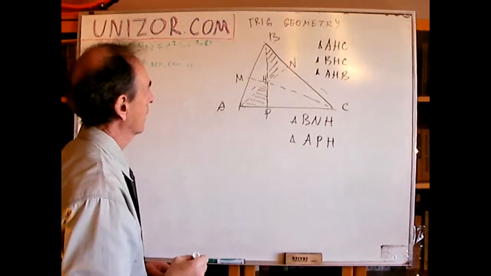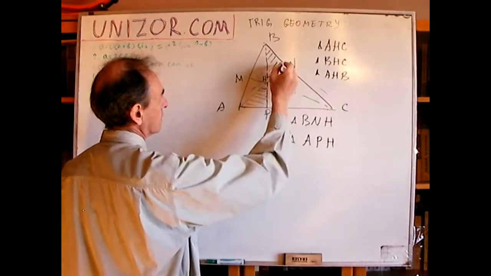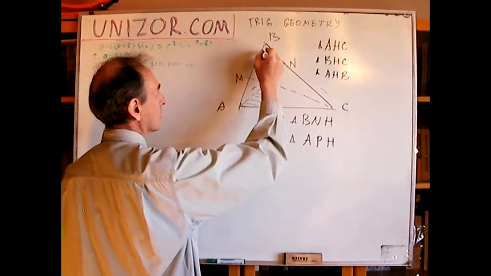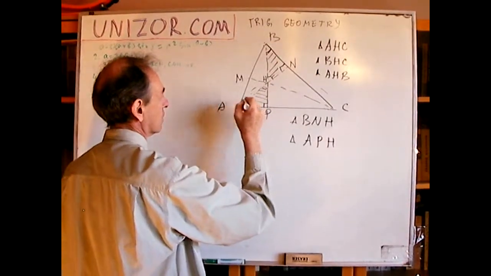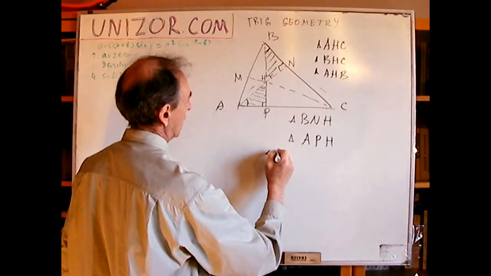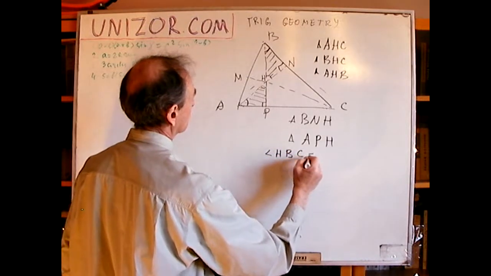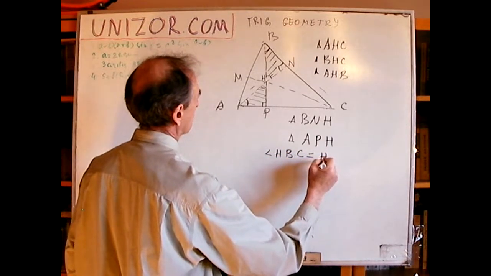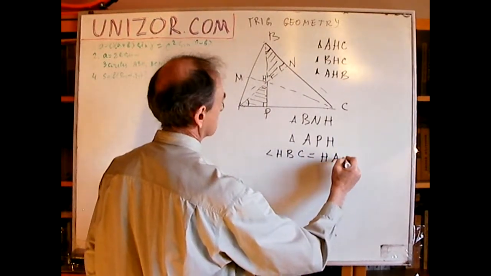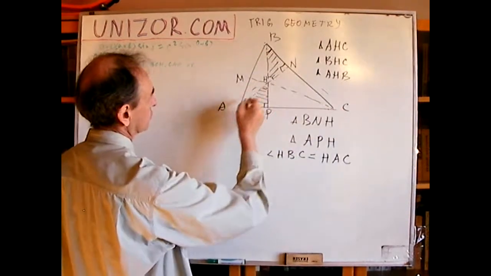Now, obviously these angles are vertical. These angles are right. So these angles are equal to each other. So angle HBC equals angle HAC. So this angle is equal to this angle.